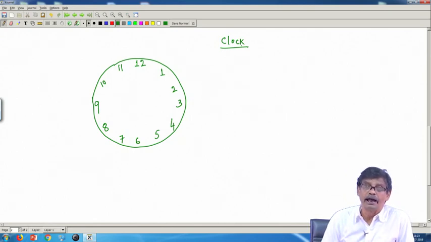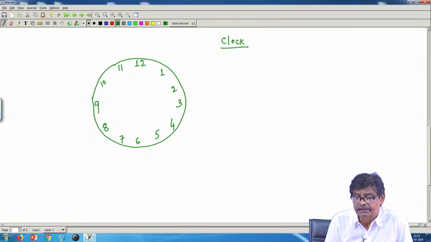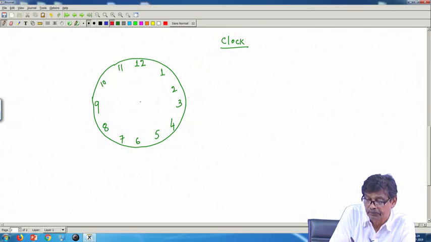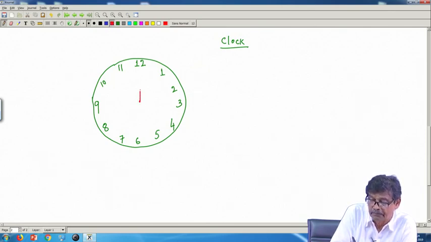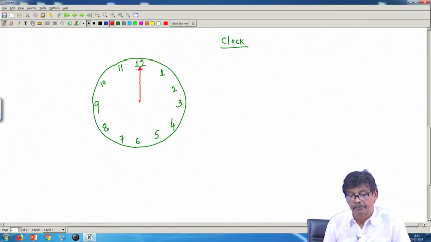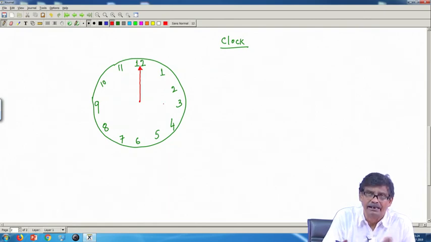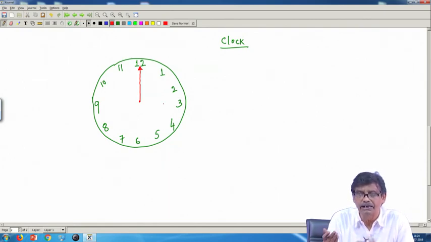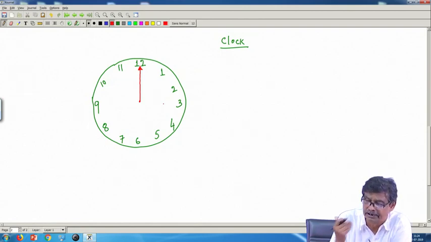And there will be two hands, the hour hand and the minute hand. The minute hand is longer. So, suppose the minute hand is in the position of 12. The hour hand could be anywhere in our usual clock. I mean, the minute and hour hand both can be anywhere, and you get the time.